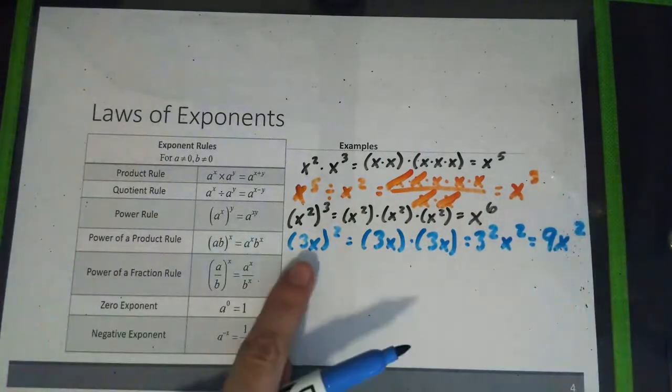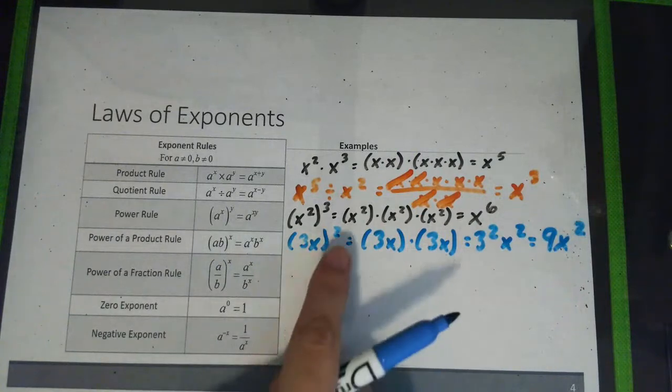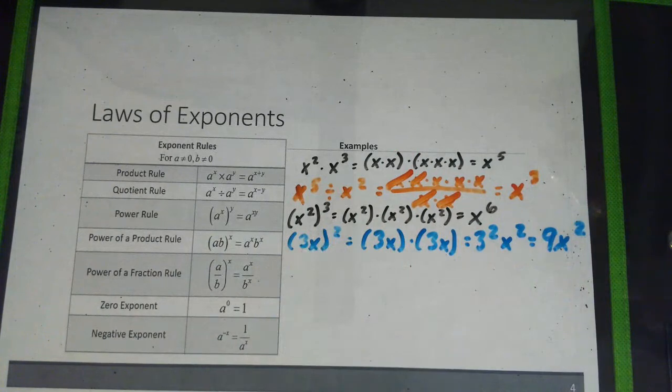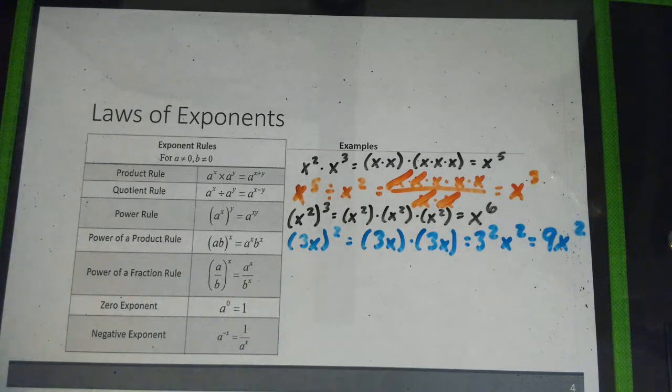So you can see if we have two things multiplied inside of parentheses raised to a power, we can distribute that power to each of the factors inside. But notice that there is no addition or subtraction in those parentheses. That's really important. This power of a product rule only works if everything is multiplied inside of that.